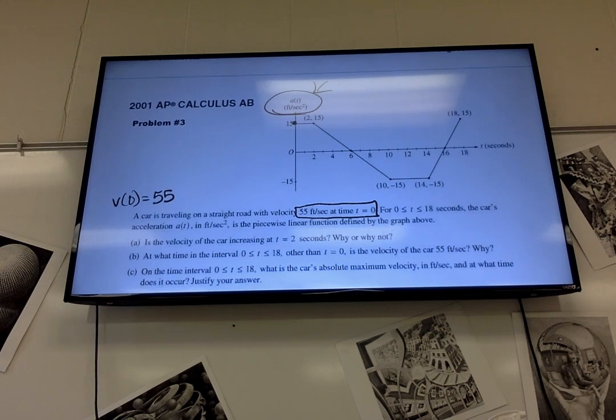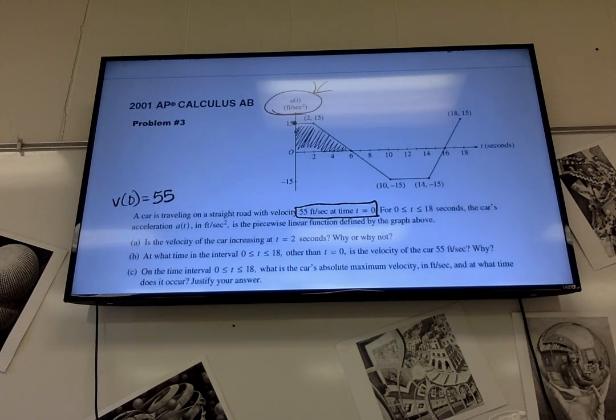How do you find the velocity given acceleration? Look at the antiderivative. So given a picture, how do you find an antiderivative? The area from the x-axis. So the area here I know is more than 55. How do I get it back to 55?